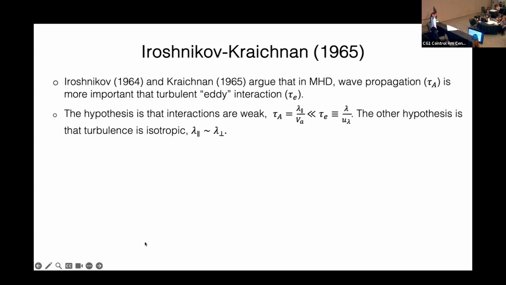Forget about waves. We're talking about structures which are Alfvenic, represented by fluctuations in velocity and magnetic field, which, if they were non-interacting, so if the amplitudes were very small, would represent signals that propagate at the Alfven speed.